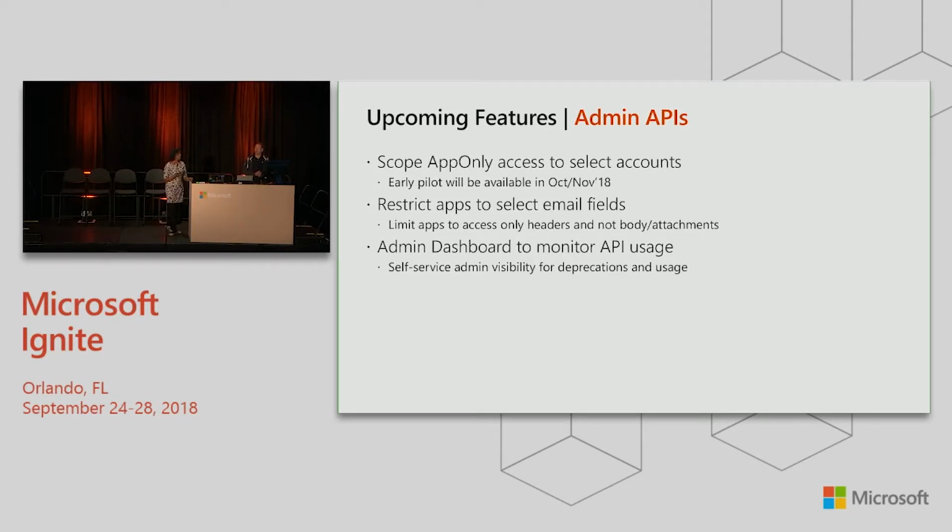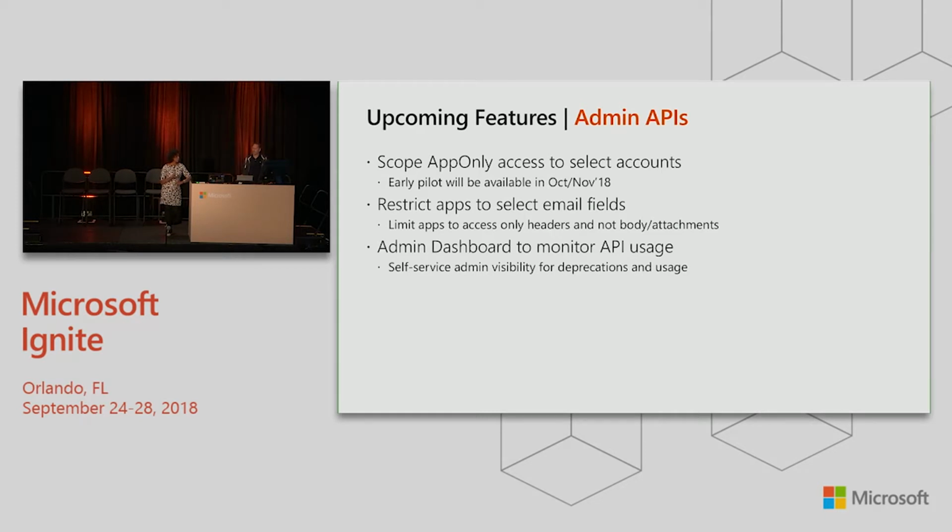OK, so some of our admin-facing features, we are now allowing admins to be able to define policies that apply only to a certain set of mailboxes. As you may be aware, enterprises are very reluctant to support app-only access because it allows the application to access all the mailboxes in the organization.